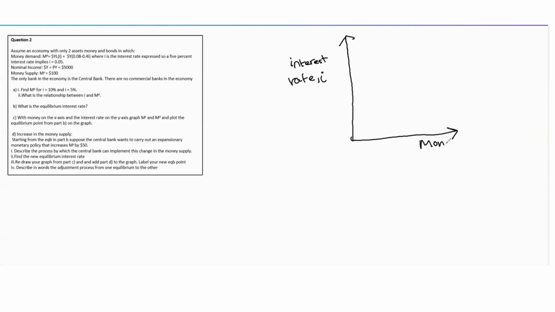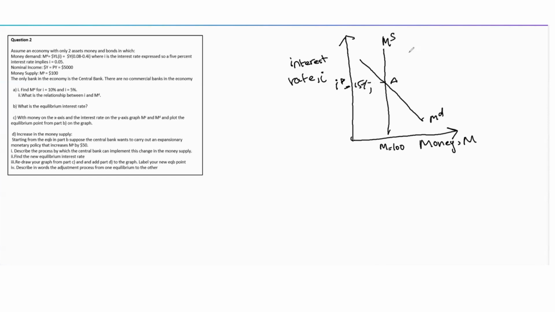We have money M here. So this is our original money supply curve, which is vertical at $100. Then we have our downward sloping money demand curve. And we had our original equilibrium at point A, 15% interest rate.